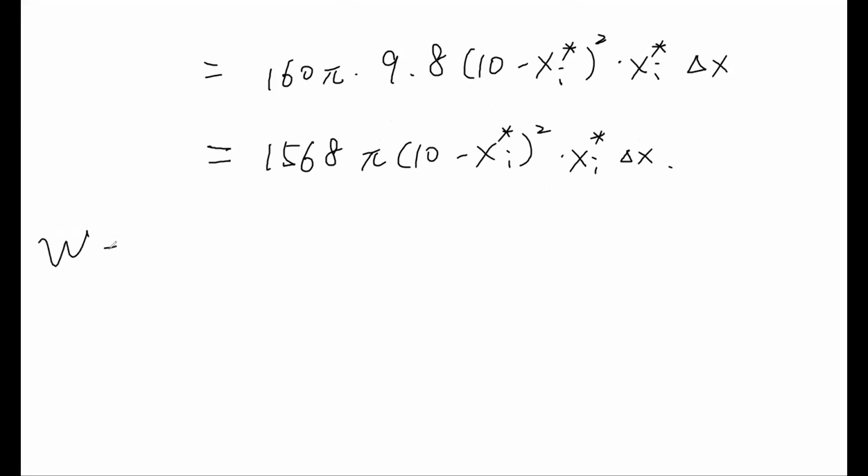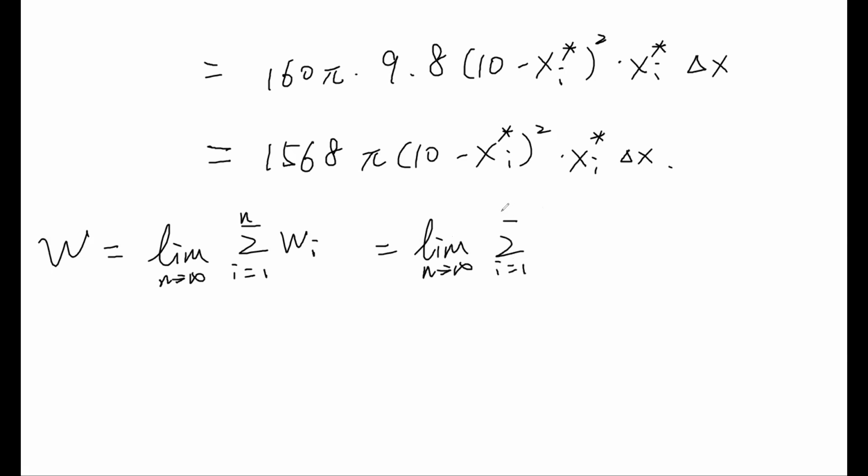The total work is equal to the limit of the sum of the work done for all the layers, as n goes to infinity. So it's the limit as n goes to infinity of the sum from i equals 1 to n of 1568 pi times (10 minus xi star) squared times xi star delta x.